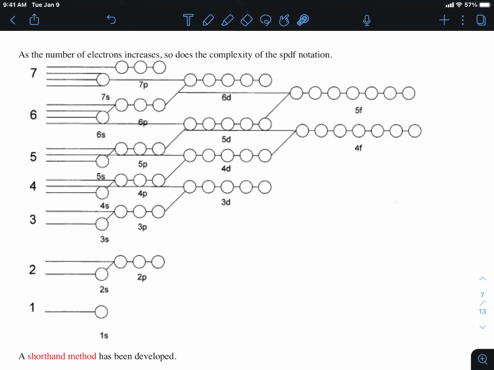That's why 4s is before 3d in the fill order. And after 3d comes 4p, and then 5s, and then 4d, and then 5p, and so on. So notice how it shows the different number of circles. Those different circles represent the number of orbitals.